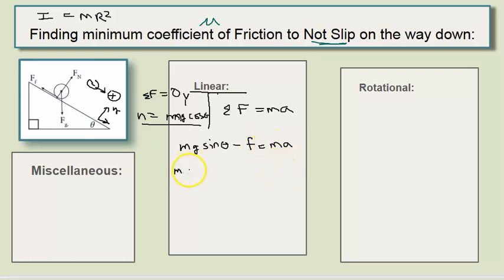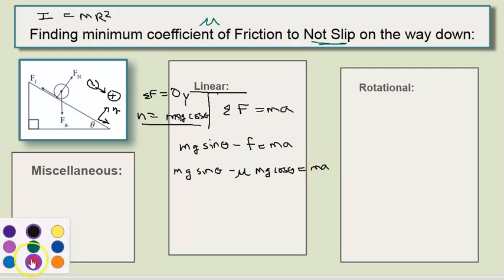And then friction is mu times the normal. And then unsurprisingly, the mass cancels. It's all about the mass distribution and not about the mass.